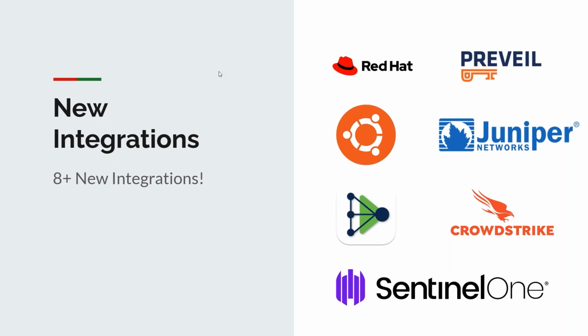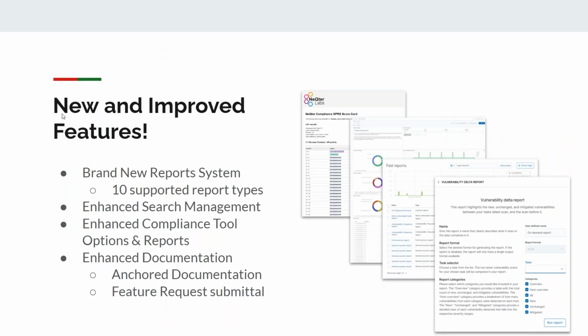I'll touch upon this later, but we're always looking for new features, and we actually streamlined the ability to get new feature requests. So new integrations, these were fun. They added a lot of nice value to the tool, and we added a lot of new features. The blockbuster one that we added was the new report system.